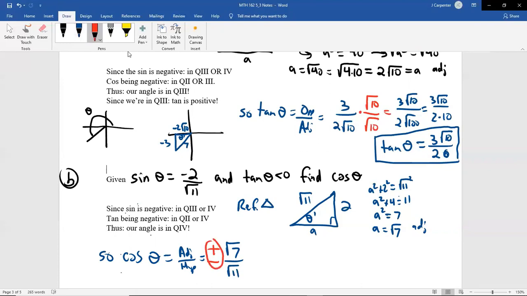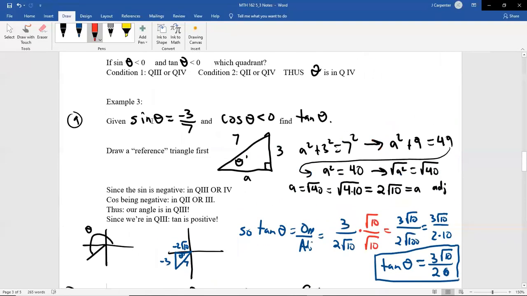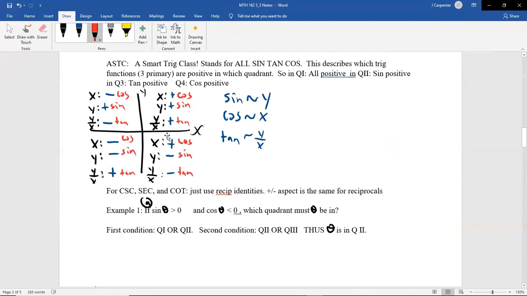This is not the plus or minus from the quadratic formula or the square root principle. I'm saying it's going to be an either-or scenario. It's either plus or minus based on the quadrant. How do we know? We're in quadrant 4. Cosine is going to be, is it positive or negative in quadrant 4? A smart trig class, C, cosine's positive in quadrant 4. That's because we're going right.